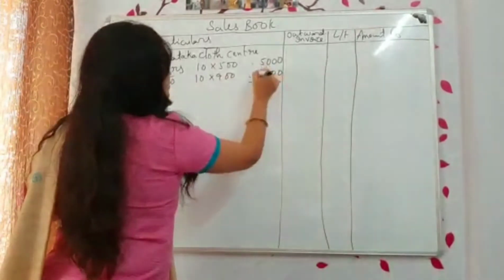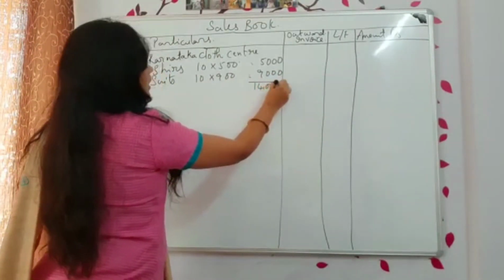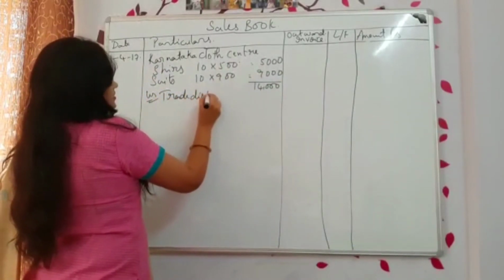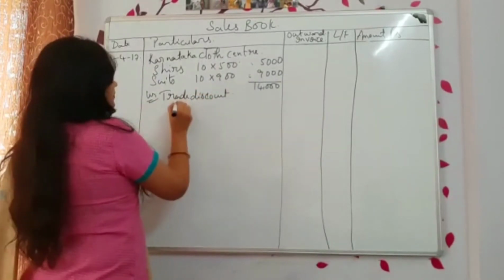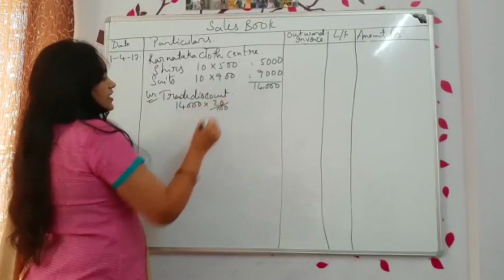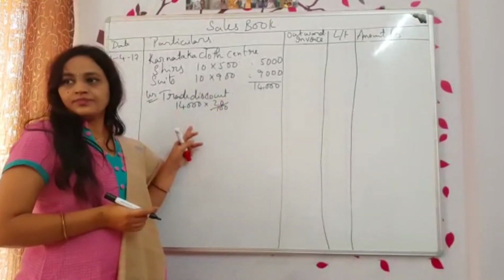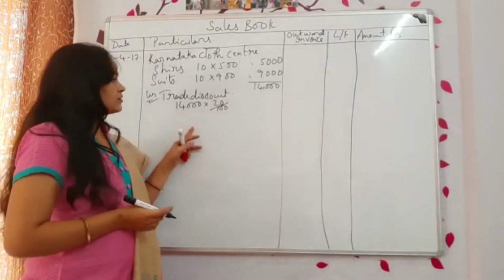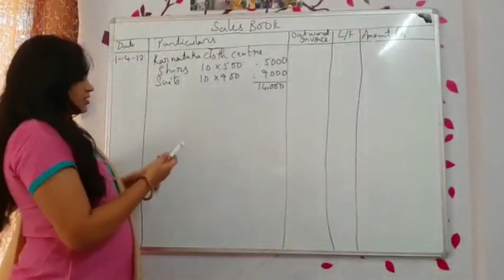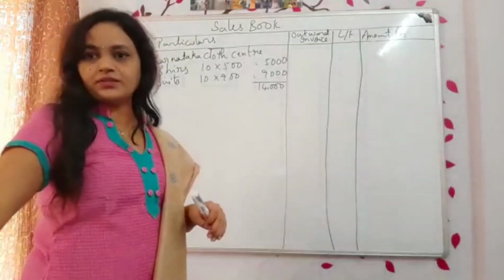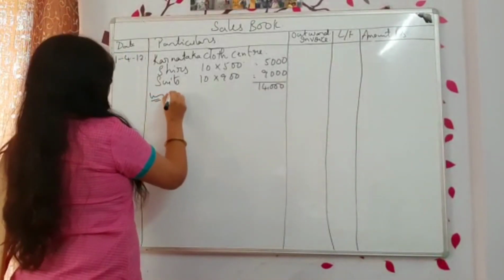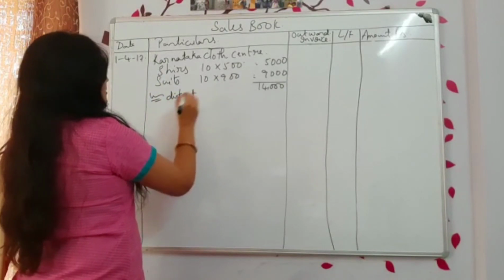First, let us take down the total. It is 14,000. Less trade discount, 20%.